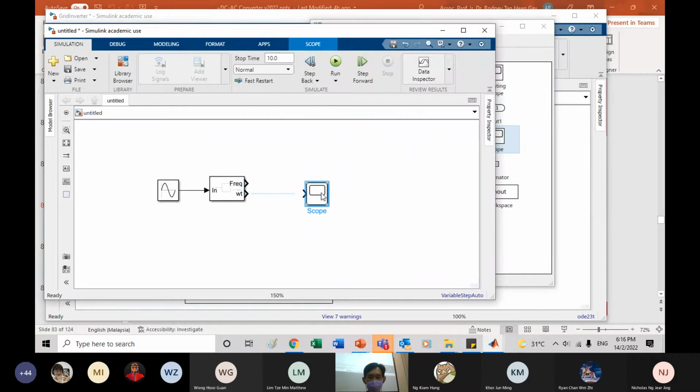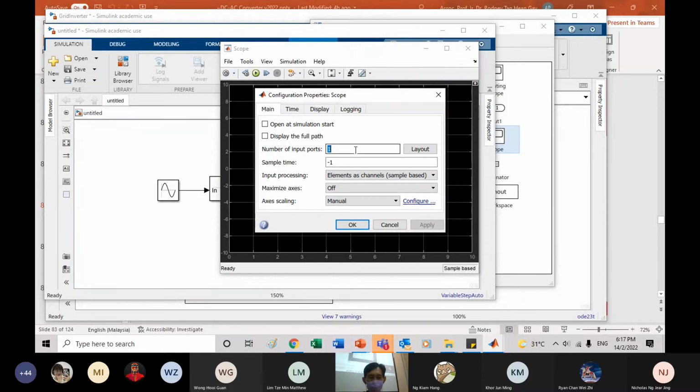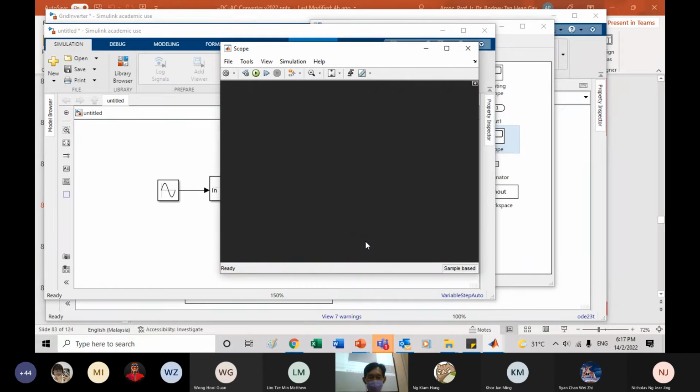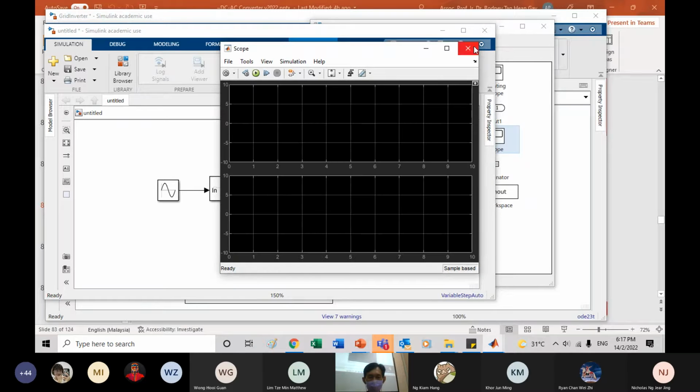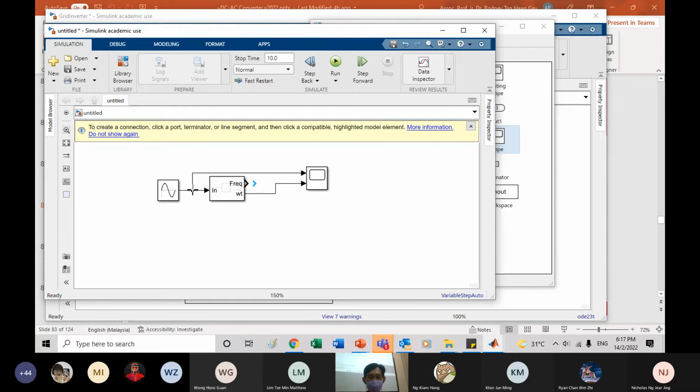So we need two inputs. Okay, we have two inputs. And then the output is omega t. And of course, this one is to be connected to this. And then the time is 0.1 second, 5 cycles.